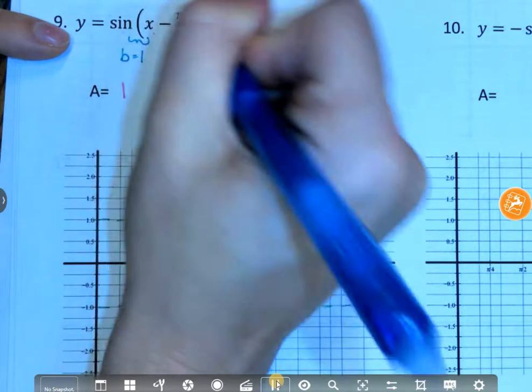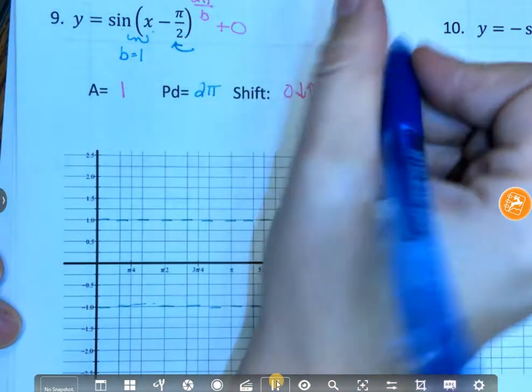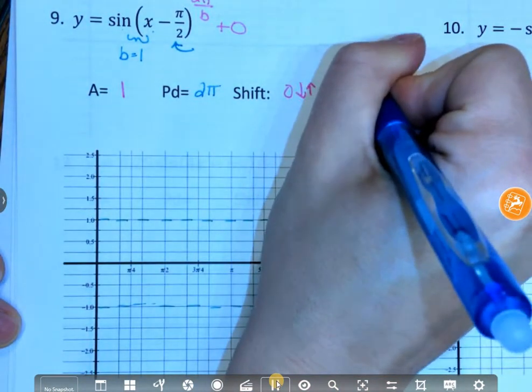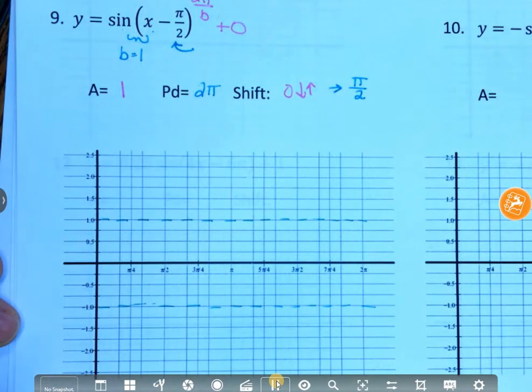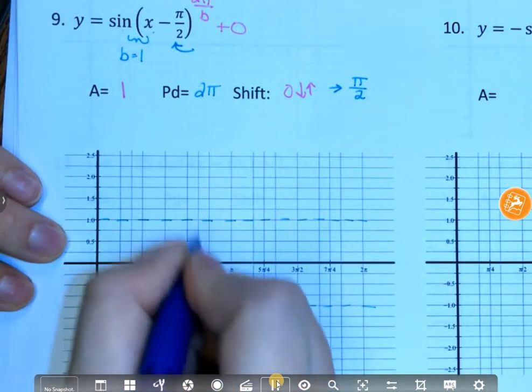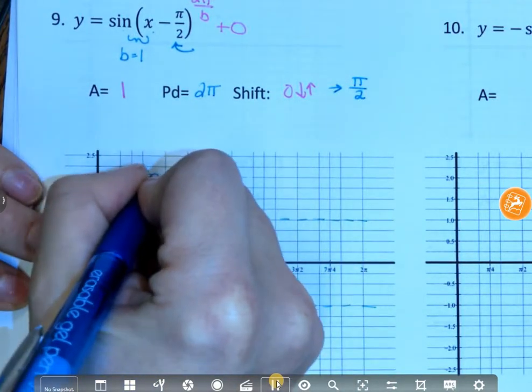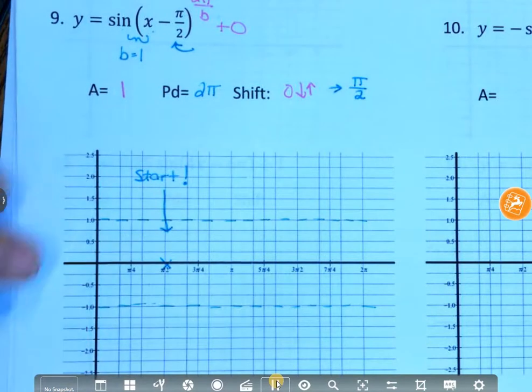This then tells me, which direction do I go? Right. How much? Pi over 2. That means my start is going to be right here. That's where my graph will start.